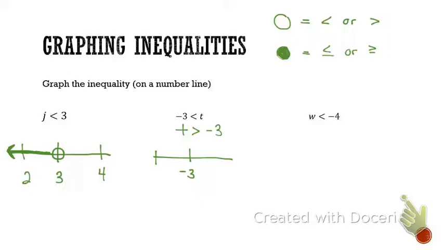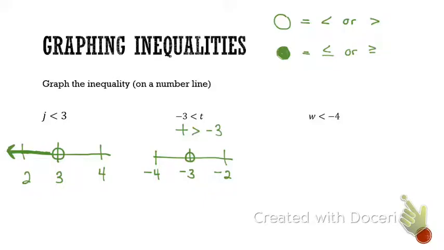Think negatives. Hopefully you're thinking -4 because I'm going away from 0. What's one number greater than -3? -2. All right, so this will be an open dot, again, because there's no equal to.